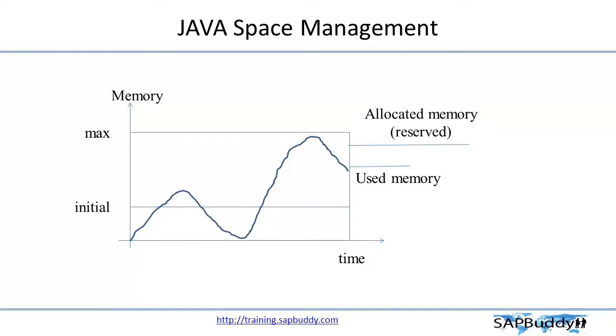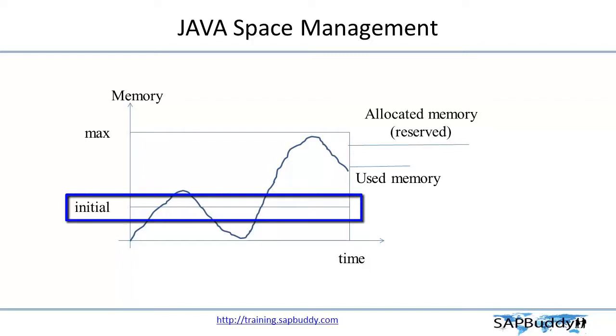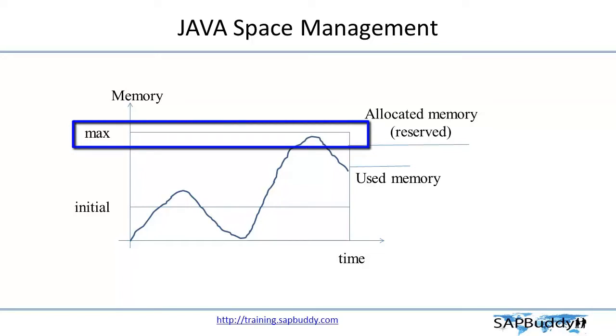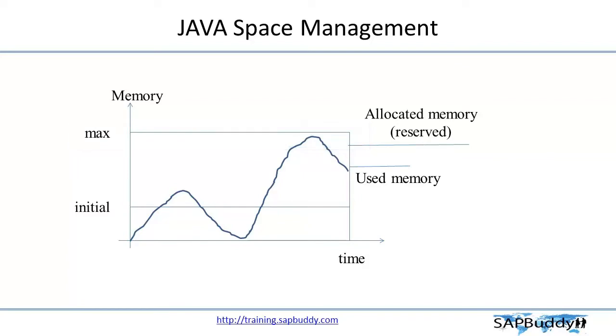When you start up the VM, first it will allocate only this initial memory from the operating system. This we can specify, and we will come to that again. Once your application has used up the initial memory and needs additional memory, then it will allocate up to the maximum memory, and the initial and maximum you can specify in your Java environment. So the Java VM itself will take care of this allocation.